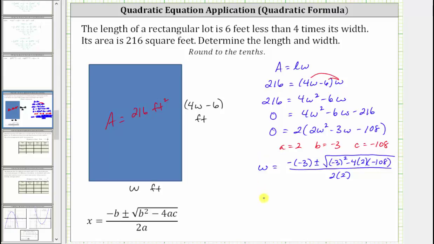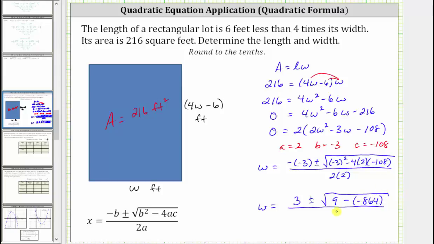And let's begin simplifying. We have w equals the opposite of negative 3, which is positive 3, then plus or minus the square root. The square of negative 3 is positive 9. And then we have minus 4 times 2 times negative 108, which is equal to negative 864, giving us minus negative 864.